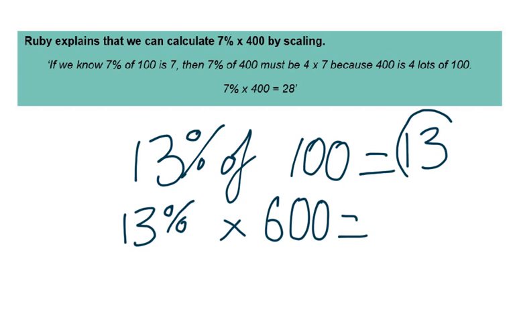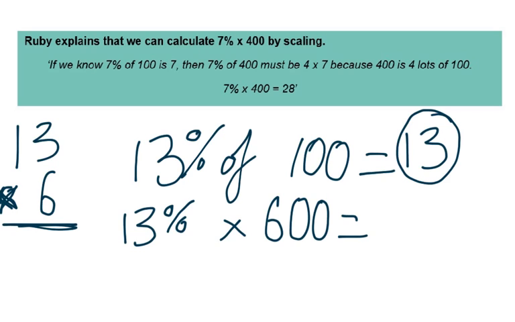You've got to make this 6 times bigger because 600 is 6 times bigger than 100. So I would need to do 13 times 6. There's a multiplication sign there. 3 times 6 is 18. 1 times 6 is 6. Add 1 is 78.